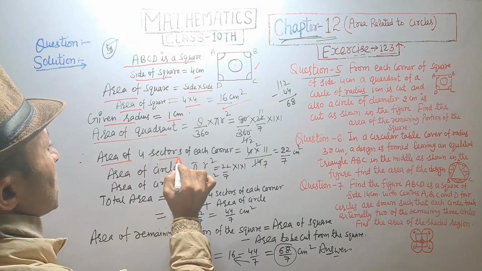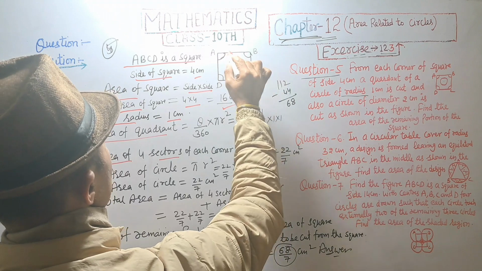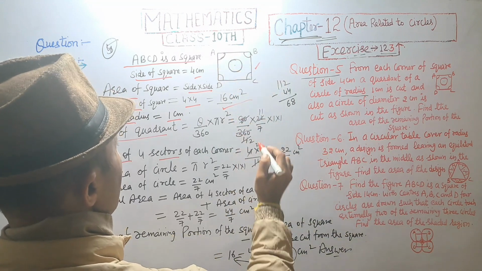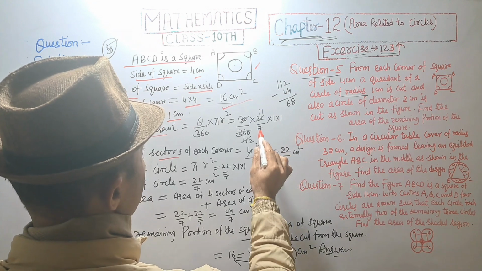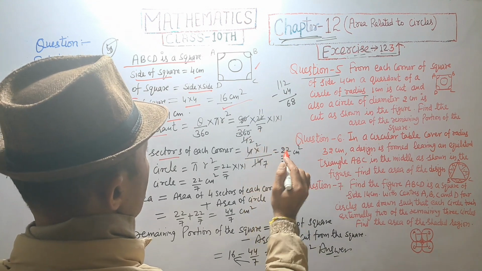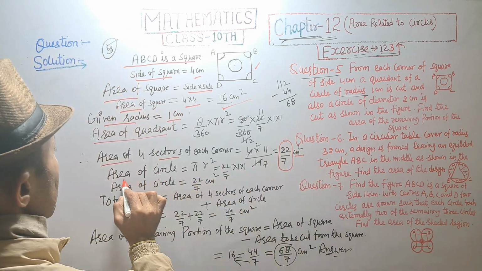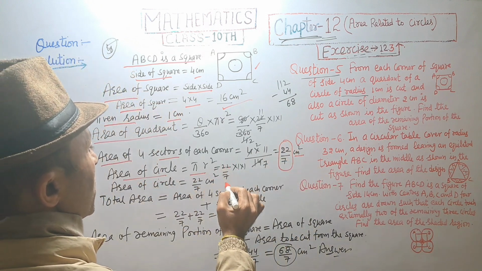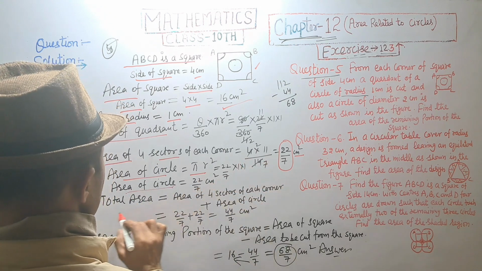Area of 4 sectors of each corner is equal to 4 times of 11 divided by 7 2s are 14. That is 22 upon 7 centimeter square. And area of circle is pi r square, 22 upon 7 into 1 into 1, that is 22 upon 7 centimeter square.